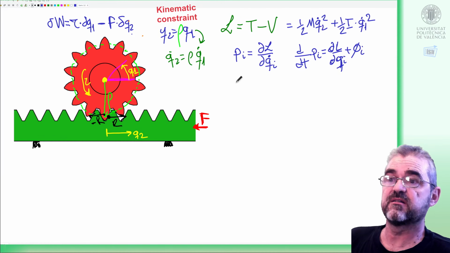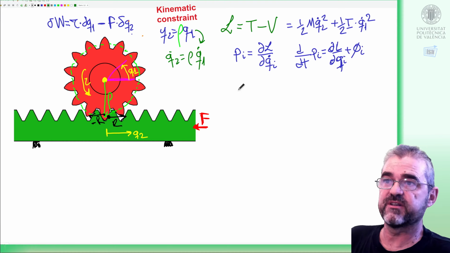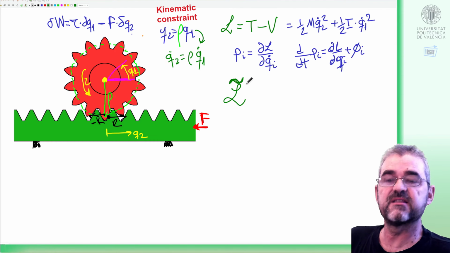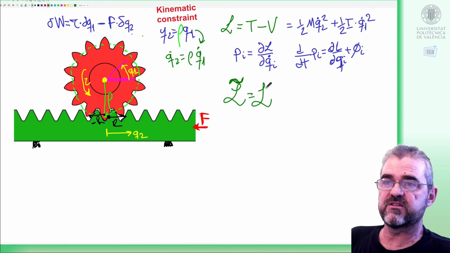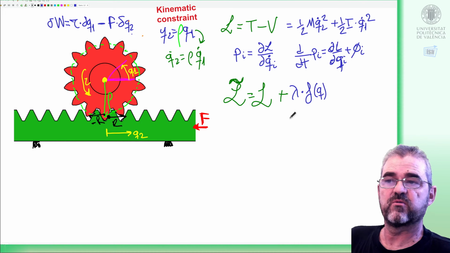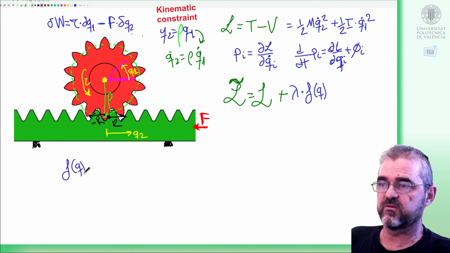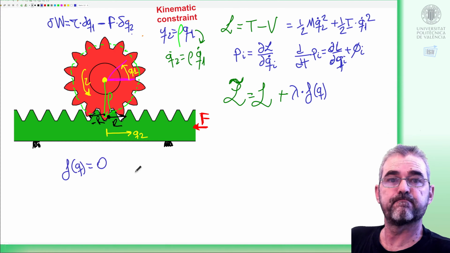q2, the constraint will be incorporated by defining a new Lagrangian, which I will call Lagrangian tilde, which is the original one plus some Lagrange multiplier times fq, where fq is a way of expressing the constraint, so fq must be 0.